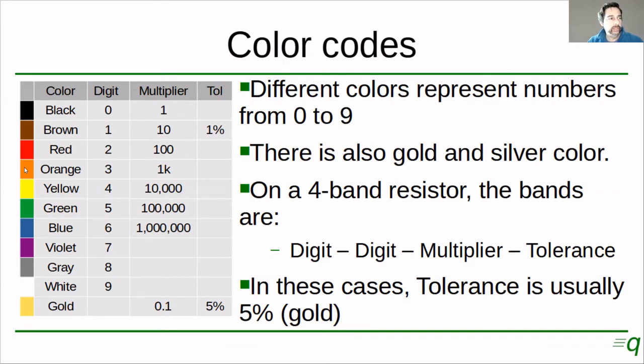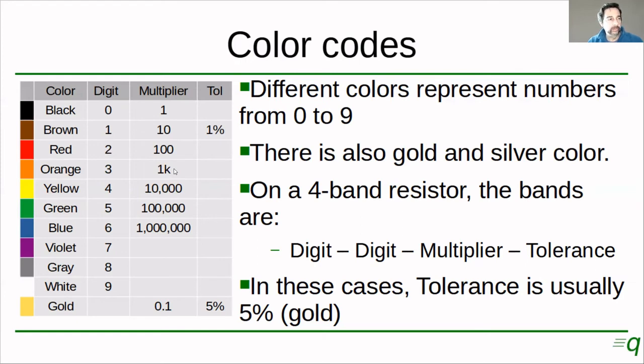If we have something that is orange, orange, orange, that is 3, 3, and a multiplier of 1K. So that would be 33K or 33 kilo ohms. If we have red, red, orange, that would be 2, 2 for the 2 digits, and then the multiplier is 1K, so that would be 22K, right?